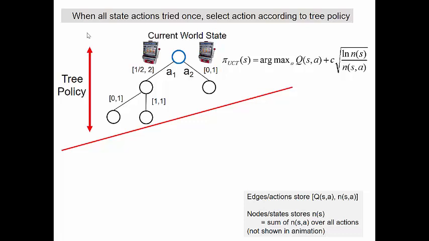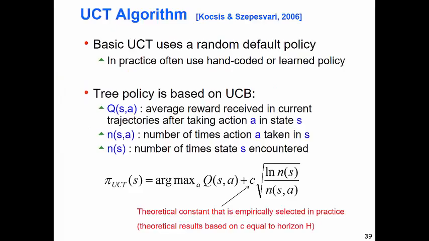And so these are non-stationary bandit problems. Because of that, the analysis basically has to throw in this C so that you explore more. And what happens is things converge from the bottom up. Eventually the bandits near the leaves will converge because leaves are stationary bandit problems, and you converge from the bottom up. The unfortunate thing is this C has to be really large in theory.